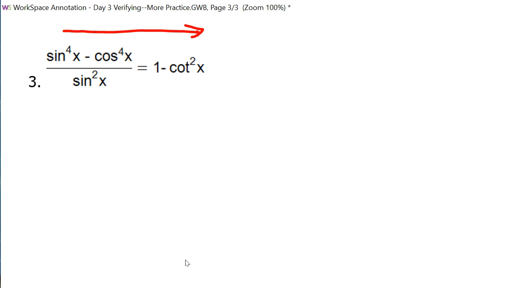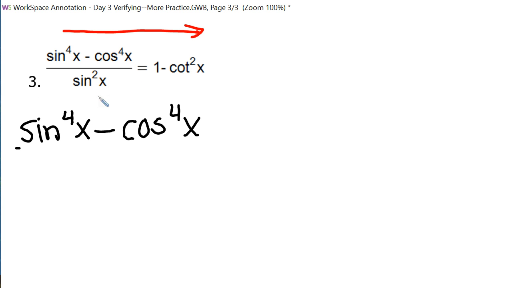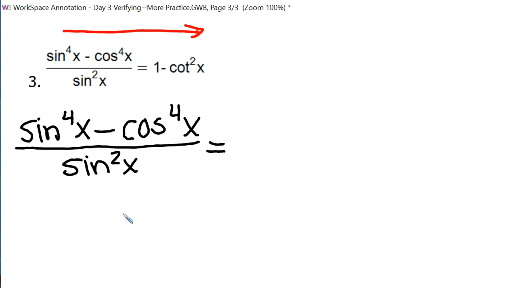So starting with the left side, we have sine to the 4th power of x minus cosine to the 4th power of x over sine squared of x.